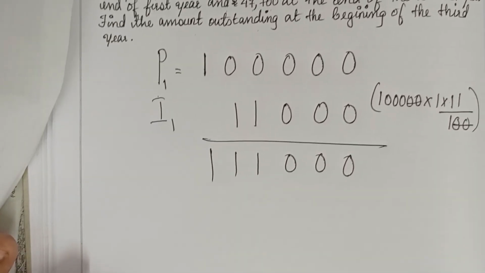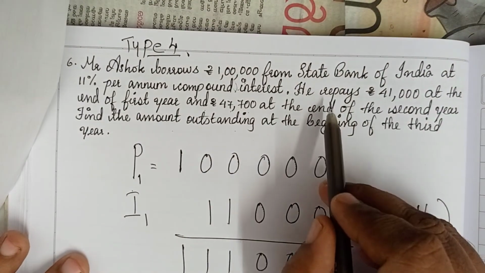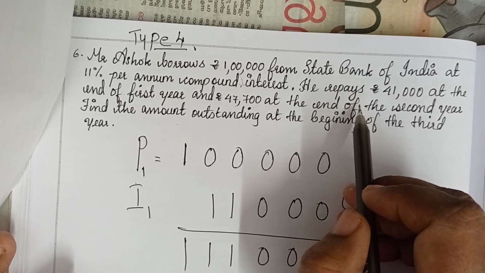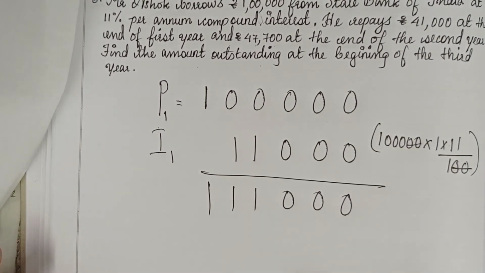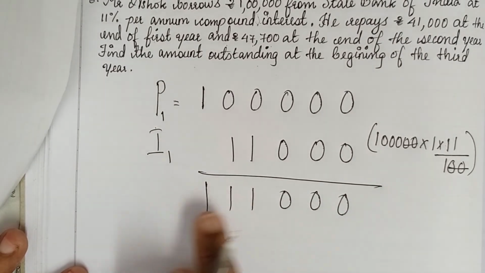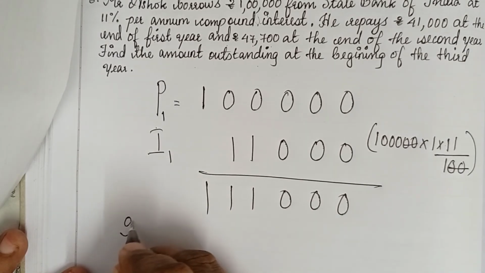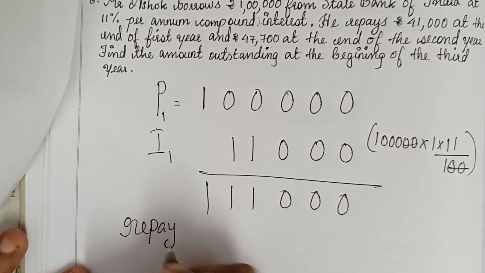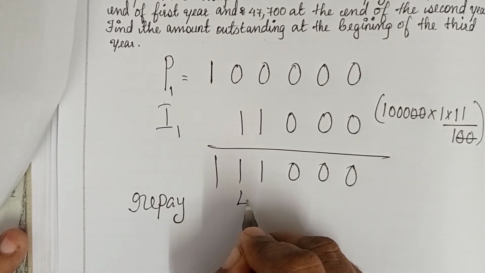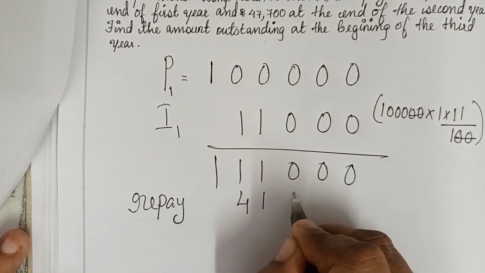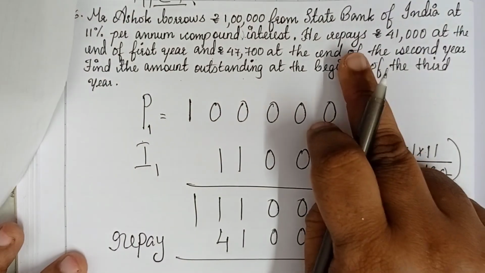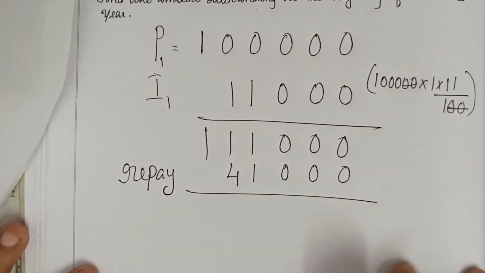Understand? Then read the next sentence. He repays. What is the meaning? Repay means he paid that amount at the end of the first year. Therefore, this is not directly P2. Then all of you write repay, how much? Not 47, no. 41,000 he repays. Read the first line: he repays 41,000.